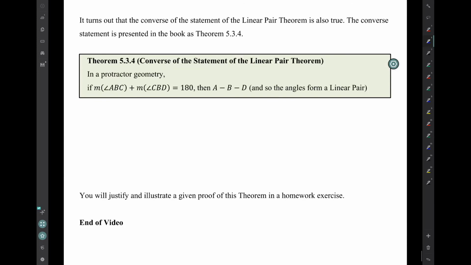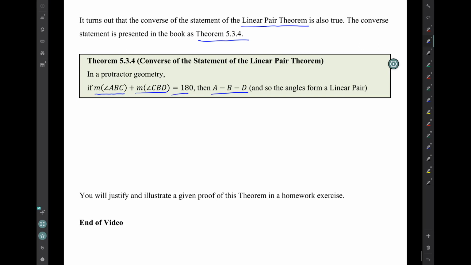Now it also turns out that the converse of the statement of the linear pair theorem is also true. The converse statement is presented in the book as theorem 5.3.4. It says this: in a protractor geometry, if the measure of angle ABC plus the measure of angle CBD equals 180, then B is between A and D, and so the angles form a linear pair.